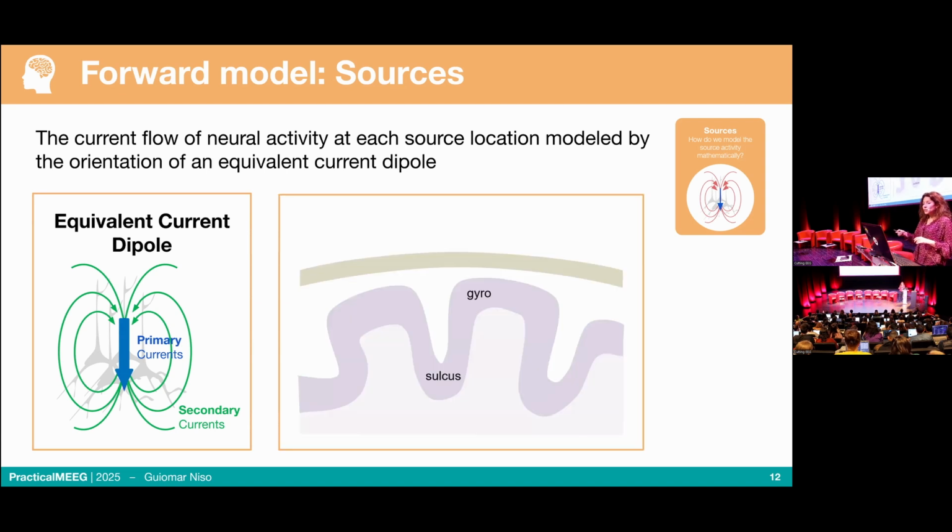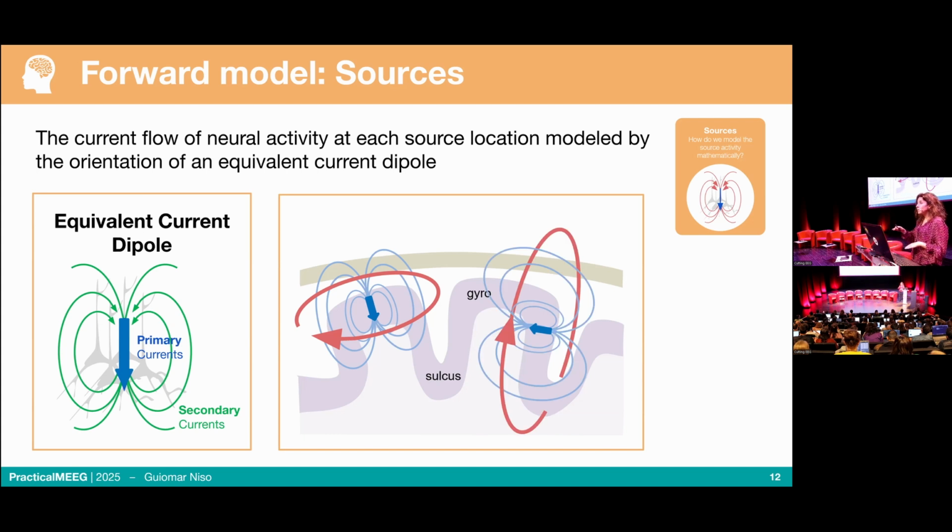As you know, these equivalent current dipoles can be oriented in different ways in the cortex. When they are perpendicular to the cortex, the EEG electromagnetic fields can go outside. However, for MEG it is not that easy for the field to go outside, because it's planar, it's tangential, so the field doesn't go out. Whereas the things that are tangential to the cortex, to the scalp, are more easily picked up by sensors that are outside.